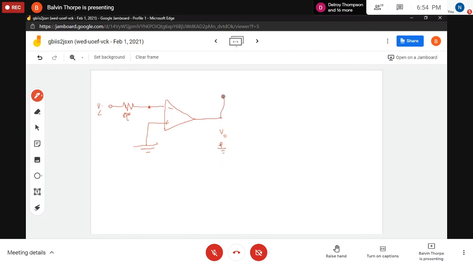My feedback mechanism in this case, I'm going to put a capacitor here. So this is C, a capacitor, and this is my output.